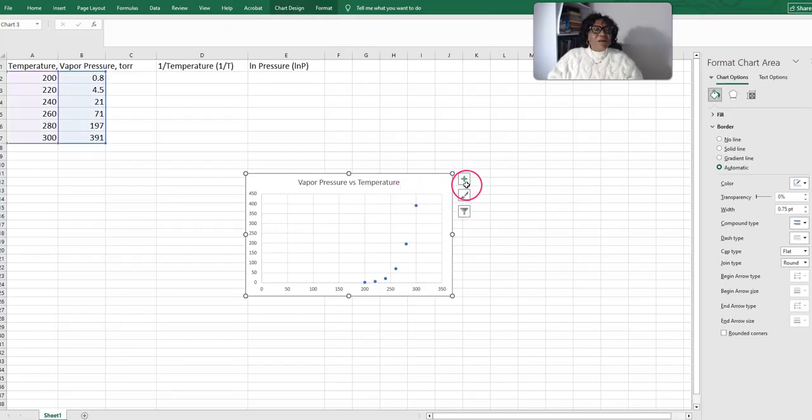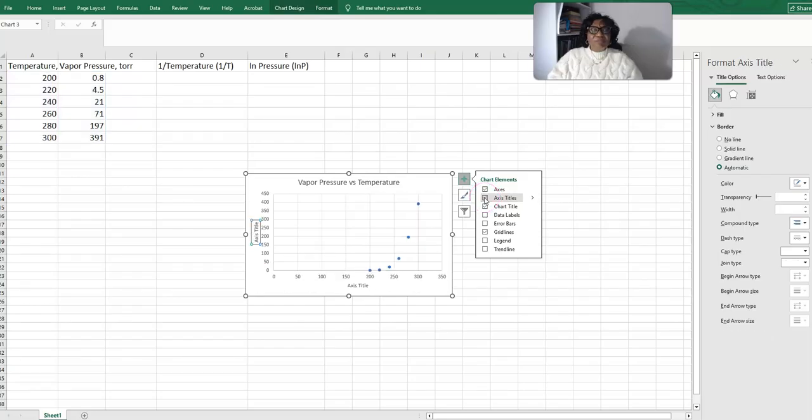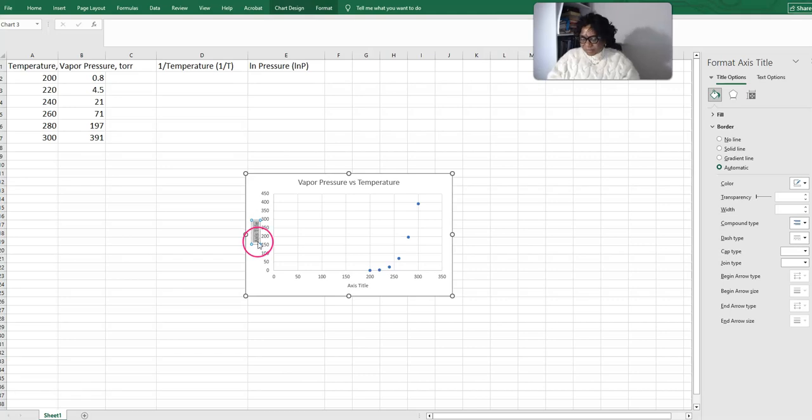Now let's label our axis. Click this plus sign. So here will be vapor pressure on the y-axis, and you know it's in torr.